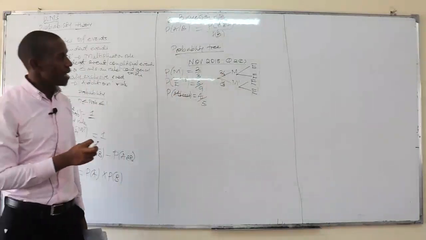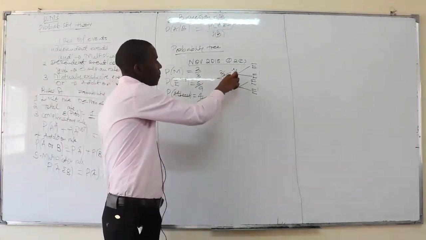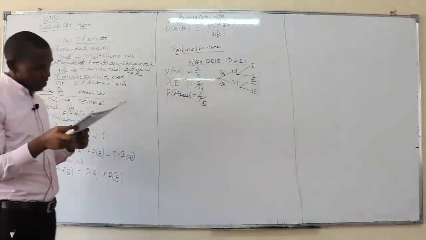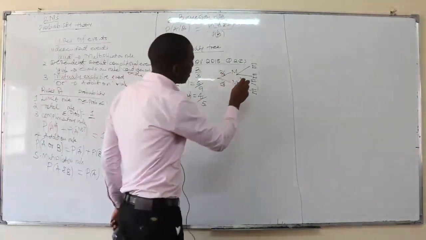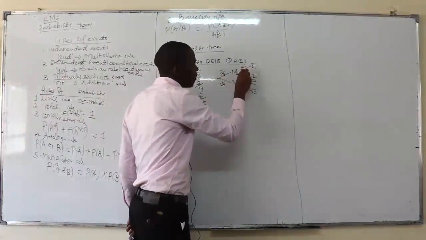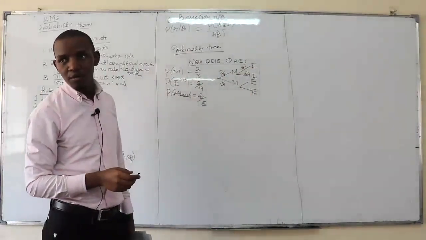Then we have also been given that the probability that he fails English is 5 over 9. This one, failing, will be 5 over 9, and this one will be 4 over 9, right? Are we together?